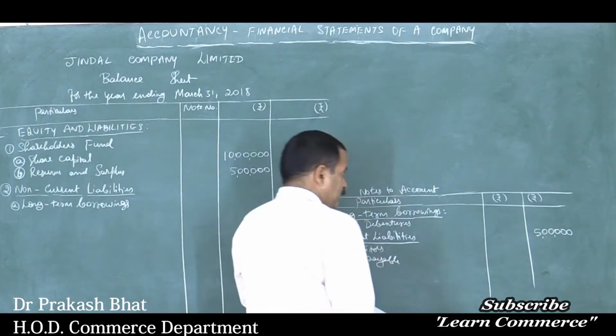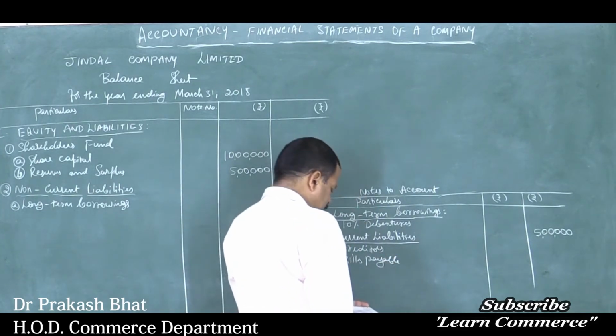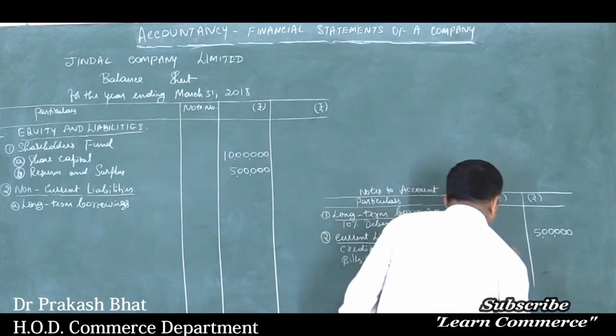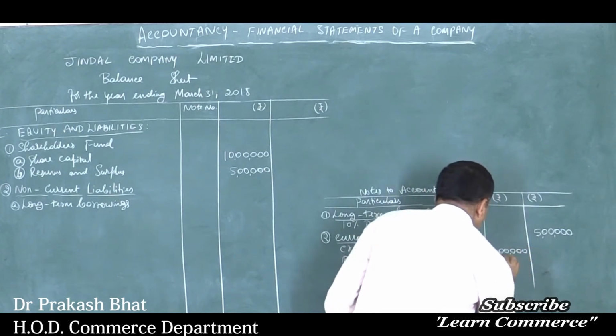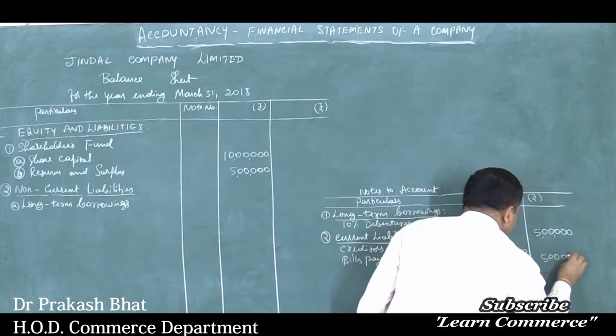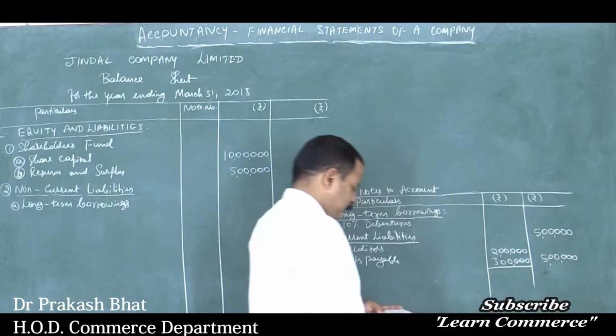Write the amount in the inner column: 2 lakh and 3 lakh. Total it will be 5 lakh. Enter in the outer column, 5 lakh.